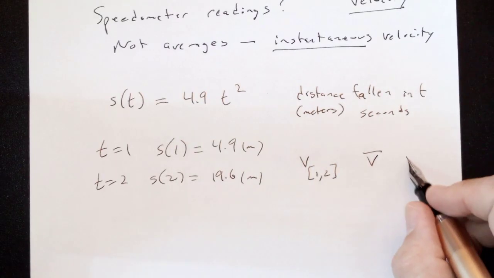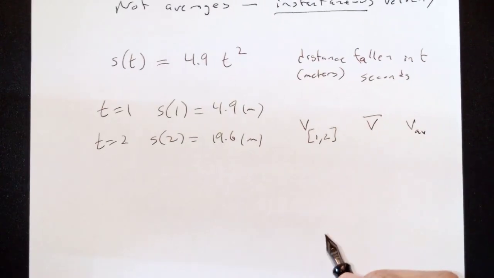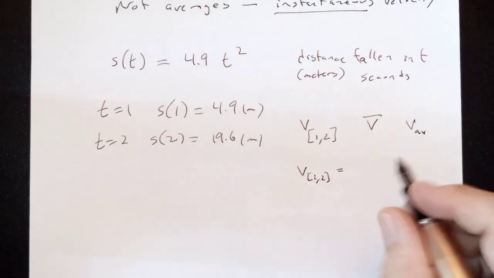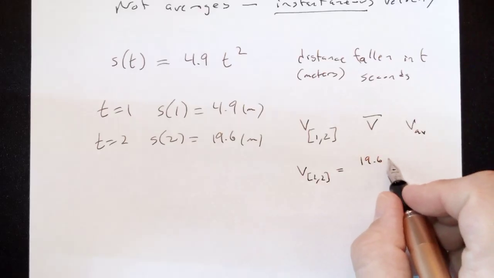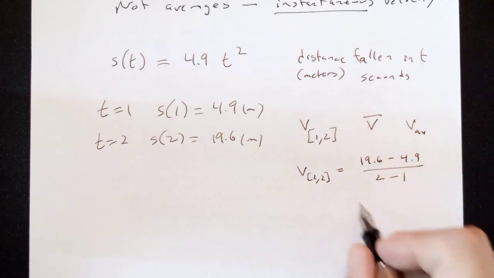I know at least one textbook that writes AV down there for average, but we're going to talk about the average between times 1 and 2. Well, that's change in distance, change in position over change in time.